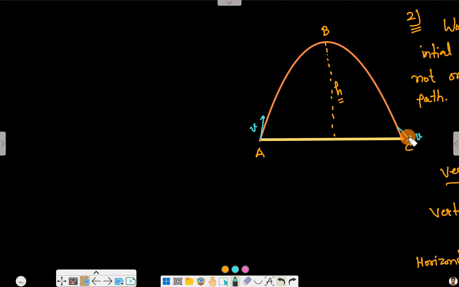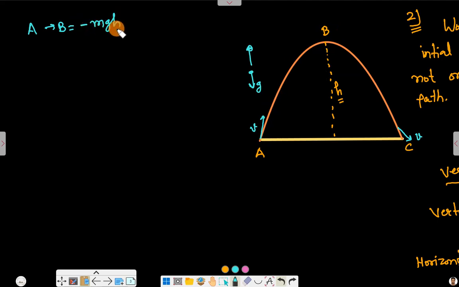Okay. So when the particle moved from A to B, the work done by gravity will be negative, as gravity acts in the downward direction and the displacement is in the upward direction. And as A to B is only vertical movement, what will be the work done?